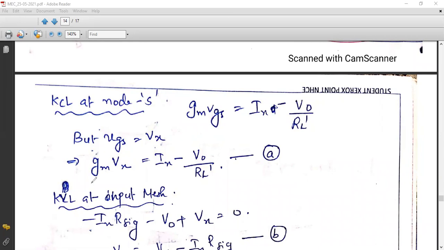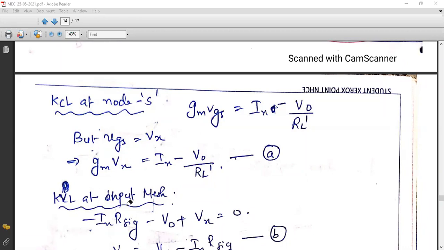With this equation, will you be able to calculate the ratio between Vx and Ix? If not, why? Which is an unwanted term that you need to replace? V0, sir. V0, very good. So we have to replace V0 in terms of Vx or Ix so that I can substitute V0 and take Ix common or Vx common, and we will be able to find the ratio. So for that, I need to go for some other equation.